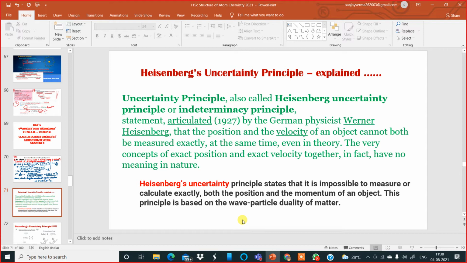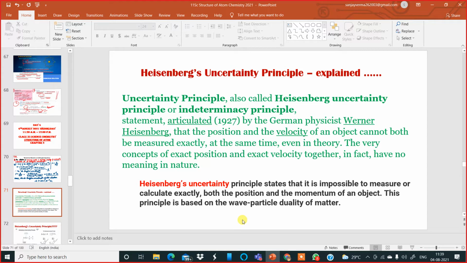Now, this principle was stated to make the world understand that for microscopic particles like electrons, which are revolving around the nucleus round and round in different orbits and shells, it was necessary to decide where the electron is, at what time, or what is the velocity with which the electron is moving.